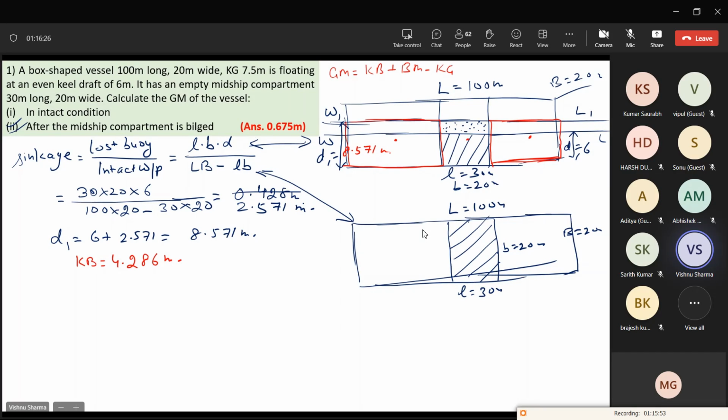Diagram was the first important thing, and now the next is this one. What is B? B is the geometric center of the volume of buoyancy. Correct? Yes.